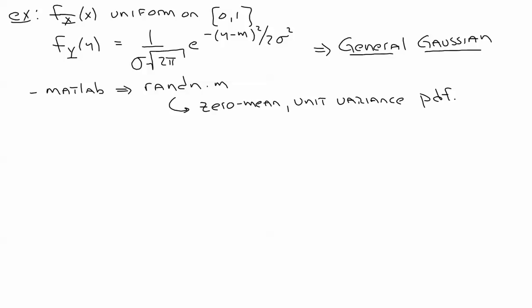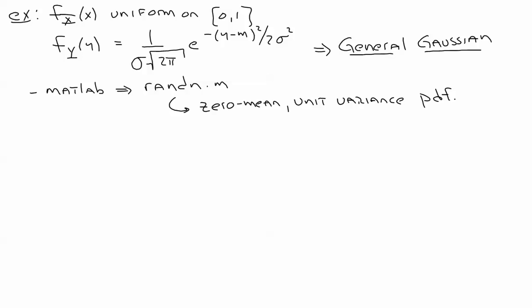So, I made a claim in an earlier video that the Gaussian distribution is one of the more common distributions that you're ever going to run into. It's really important for us to be able to transform uniformly distributed data using the rand function into a set of data with a general Gaussian probability density function. So how do we do that?